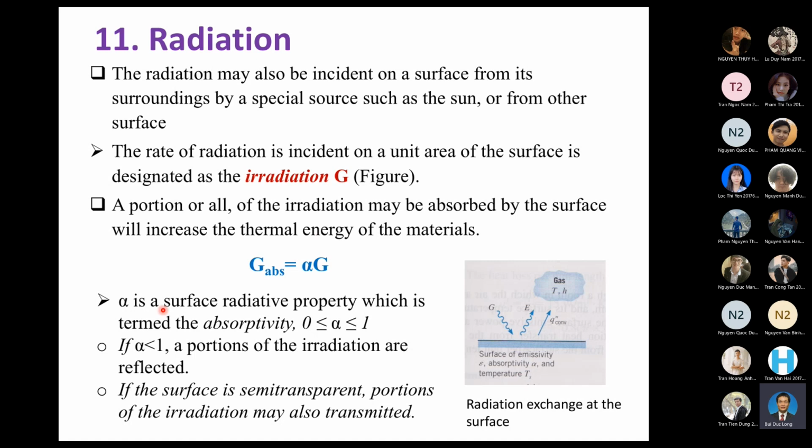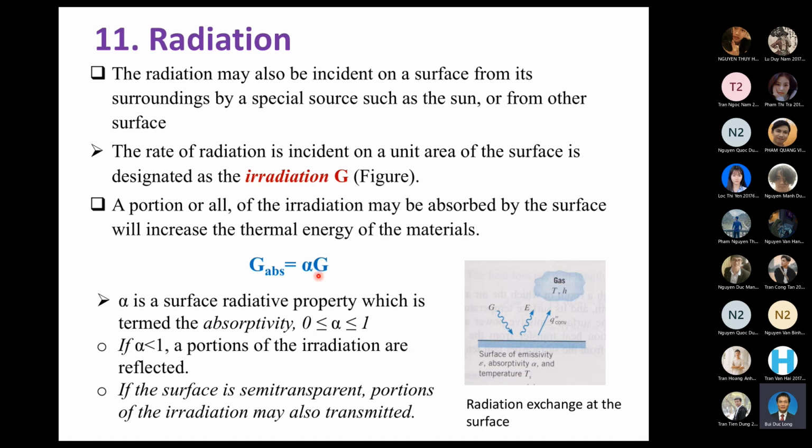Alpha is a surface radiative property, which is termed absorptivity, and alpha is in the range of 0 to 1. If alpha equals 1, all the radiation will be absorbed by the surface.